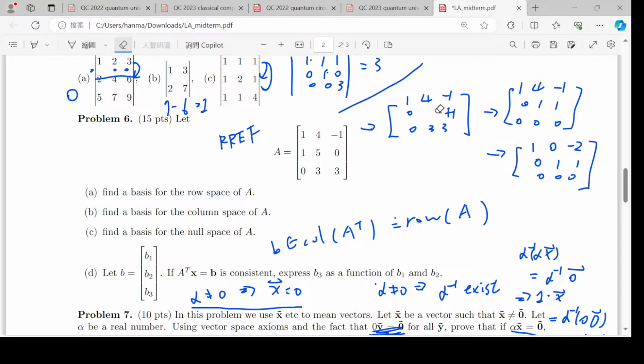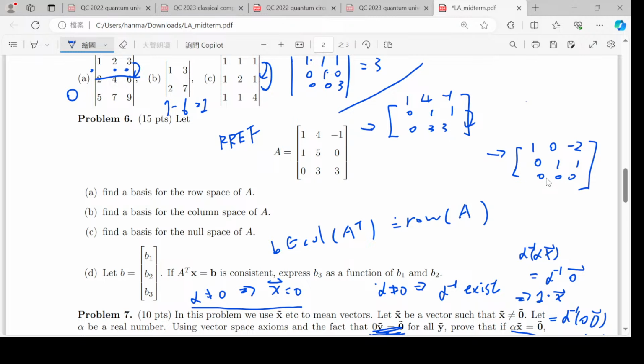So it should be plus 1 here already. I can skip this one. So we have a nice number: 1 4 minus 1, 0 1 1, and 0 3 3. Then you subtract this 1 1 from 3 3 once again, so you get 0 0 0 here.